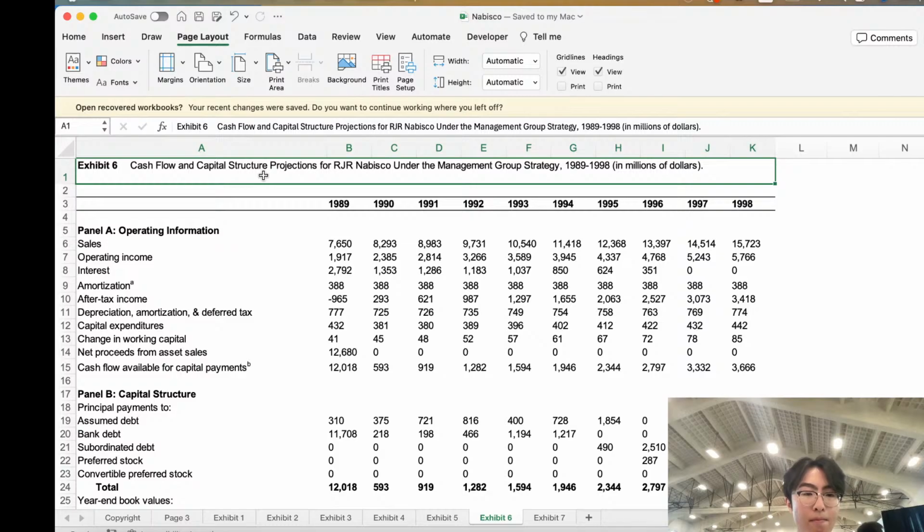Yeah. 4,134 enterprise value. Right. We need the present value, I think.